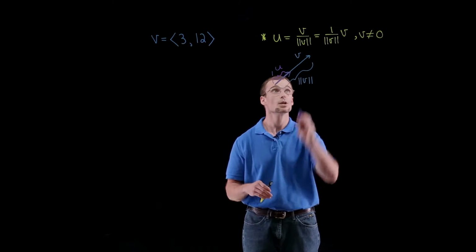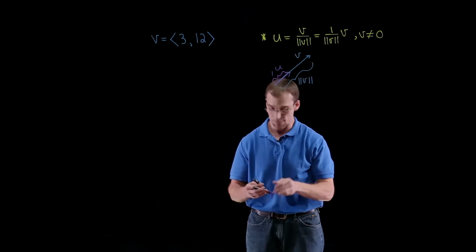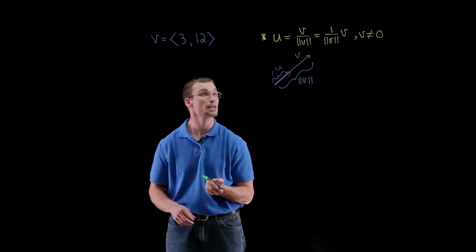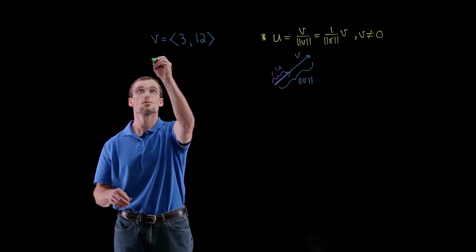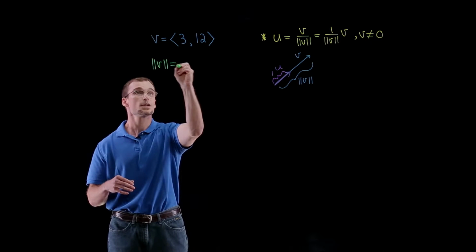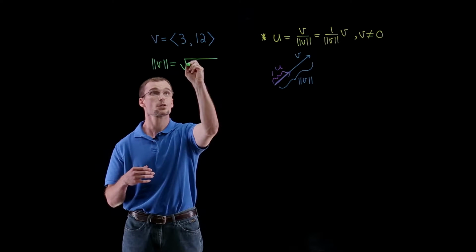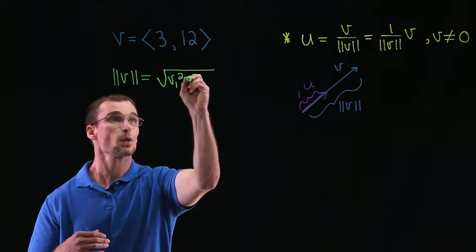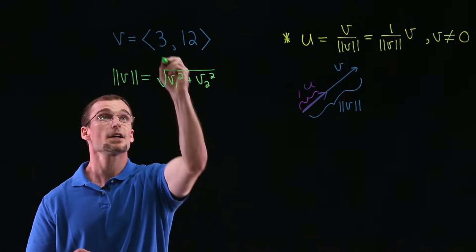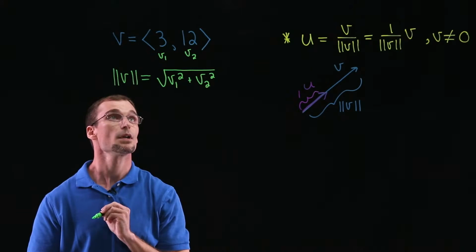Looking at our formula, we need to find the magnitude of v and multiply its reciprocal with the vector v. So that's where we'll get started. The magnitude or length of a vector is equal to the square root of the sum of squares of its components, so the square root of v1 squared plus v2 squared, where in our given vector v, v1 is 3 and v2 is 12.